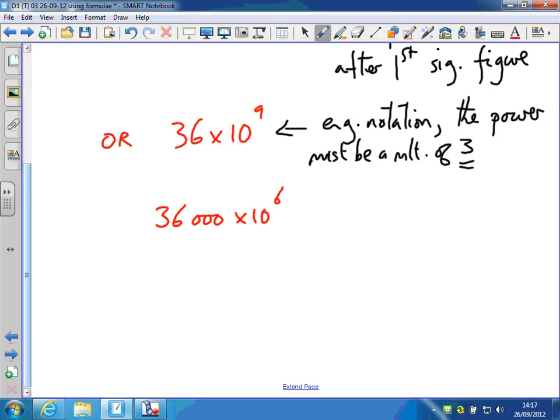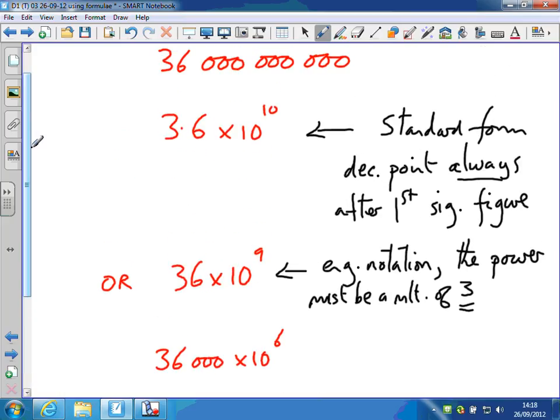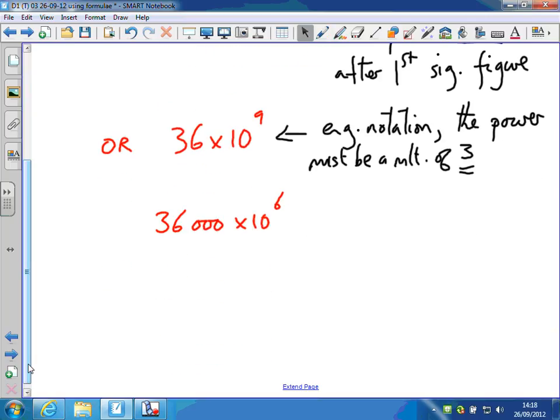So that too is in engineering notation. Or I could go back another 2 places and call it 0.036 times 10 to the 12, but it's unlikely I would do that. So both of those are in engineering notation.